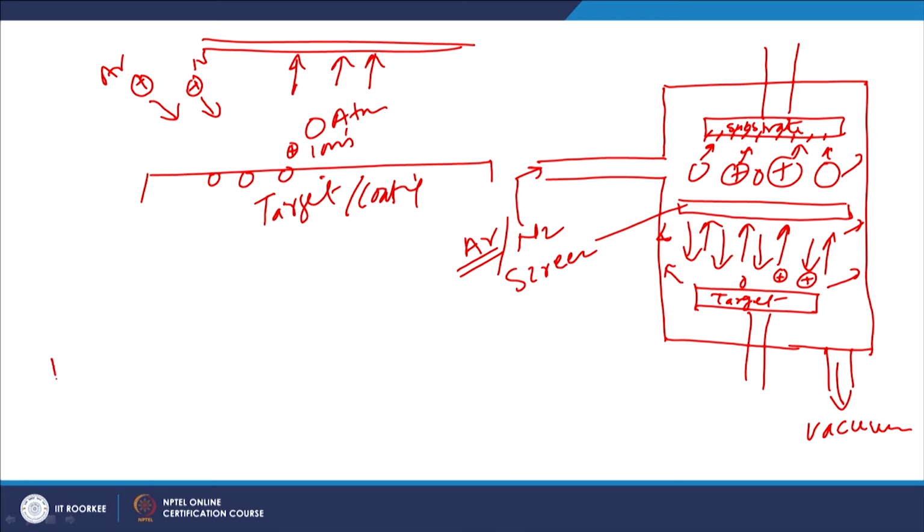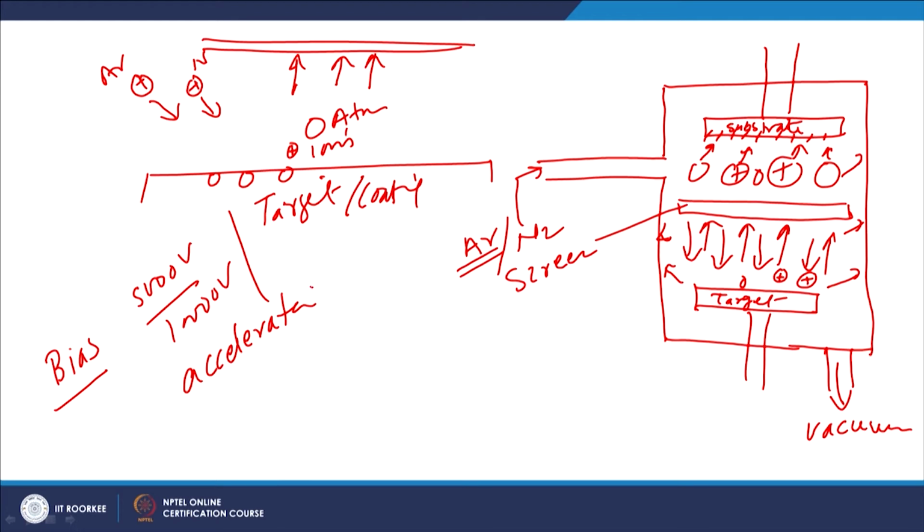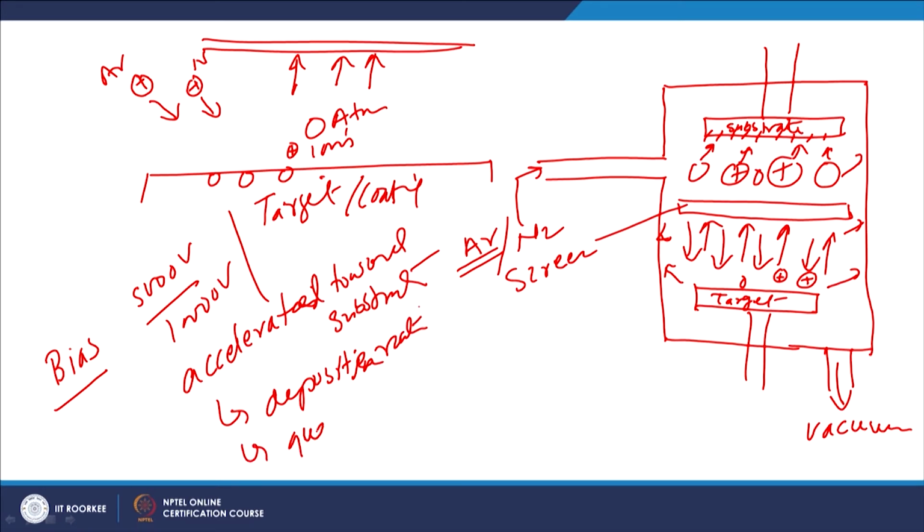In this case, the extent of the bias of like 5000 volt or 10,000 volt will be determining the way by which the ions and atoms are accelerated towards the substrate, and therefore it will be affecting the deposition rate on the substrate material as well as the quality of the deposition.